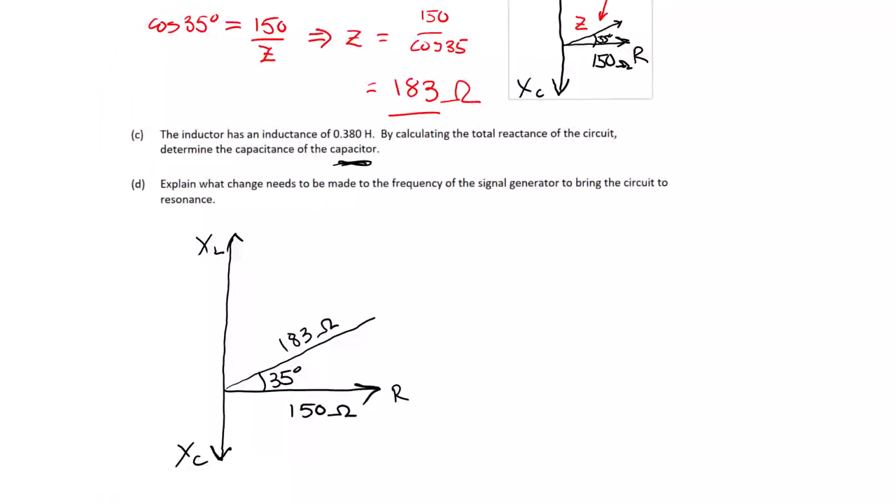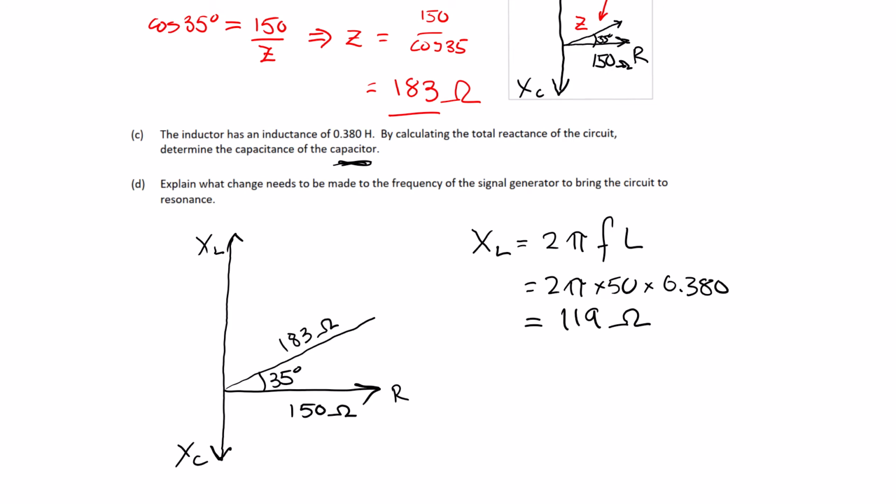So we need to find the inductive reactance, and that we get from 2 pi FL. 2 pi, the frequency we're told is 50 Hertz, and the inductance is 0.380 Henry. So that means the inductive reactance is equal to 119 ohm. Remember, they're all in ohms.